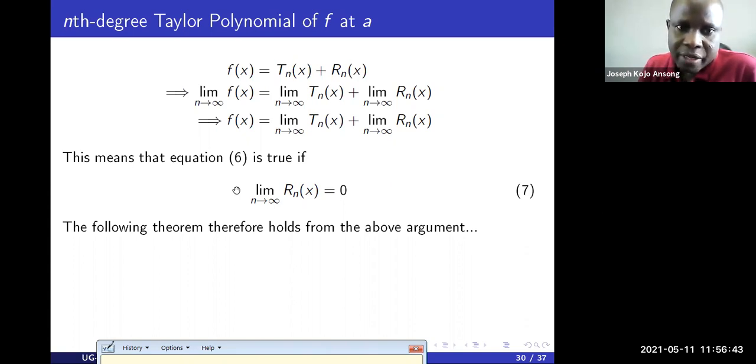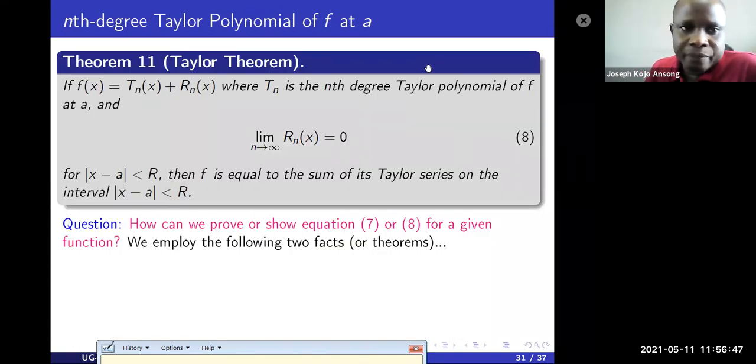Okay. So here is a theorem that captures everything I've just explained. It says that if f of x is equal to Tn of x plus Rn of x, where Tn is the nth degree Taylor polynomial, basically the partial sums of f at a, and the limit as n goes to infinity of this remainder term is equal to 0, then within the interval of convergence, f is equal to the sum of its Taylor series on the interval.